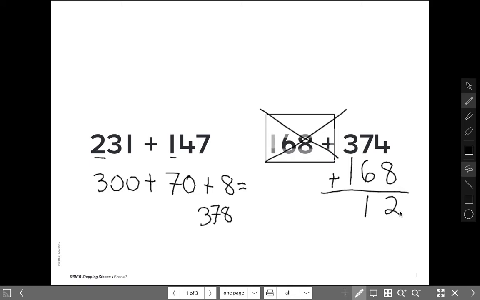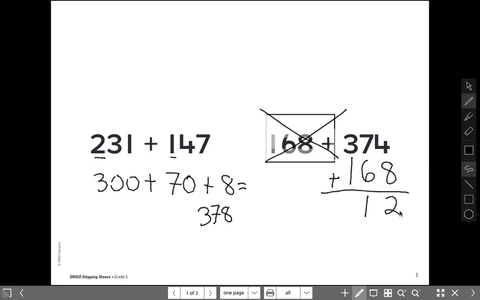Okay. 1T2. Now I'm going to add 7T and 6T. What is 7T plus 6T? Andy. Joel, can you help him out? 130.